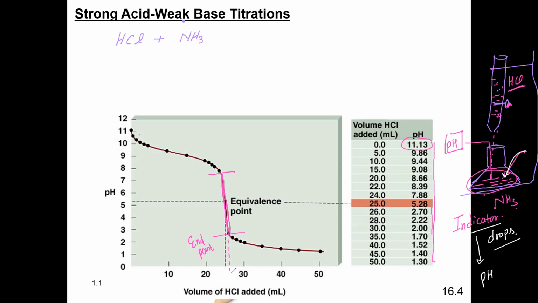Because of the change in pH, a drastic change in pH, like this big drop. The pH drops from 7.88 and all of a sudden becomes 2.70. See, this is a big drop. And due to this big drop in pH, there is a change in color. Is it okay?